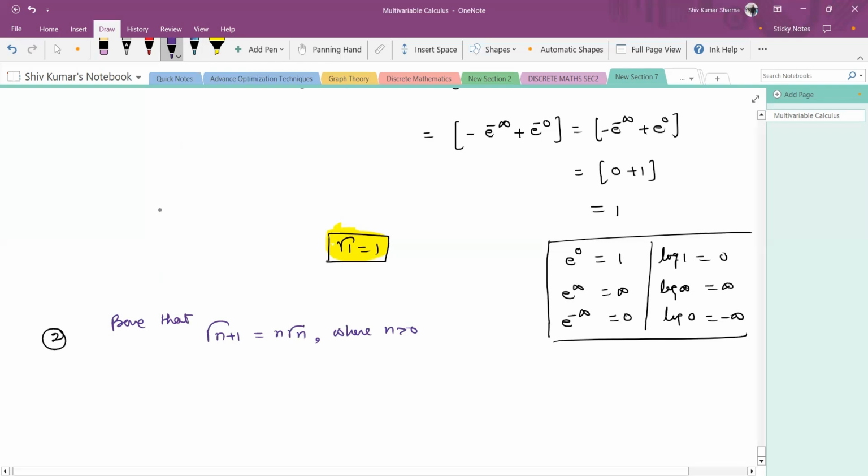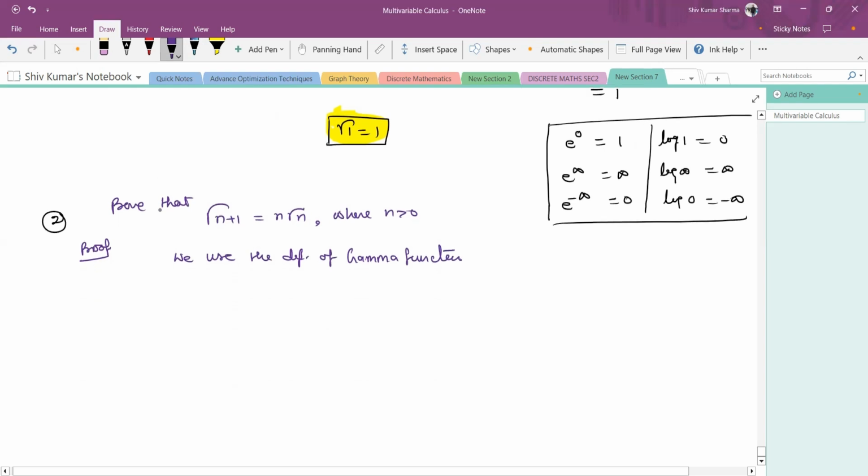So to prove this property, we again use the definition of the gamma function. The definition of gamma function means gamma n is equal to the integral from 0 to infinity of e raised to the power minus x, x raised to the power n minus 1 into dx.